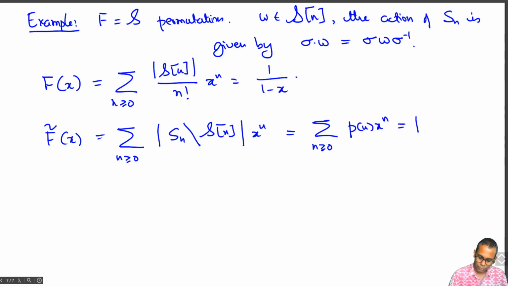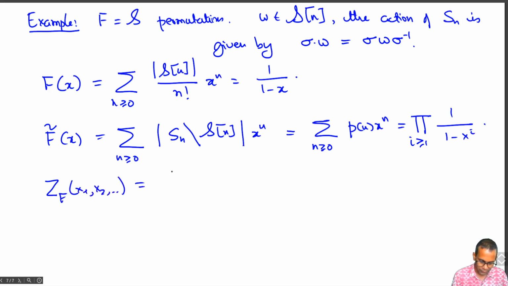And this, by Euler, is the product over i greater than or equal to 1 of 1 over 1 minus x to the power i. And now let's compute Z_F(x1, x2, ...). This is the summation over n greater than or equal to 0 of 1 over n factorial, summation over sigma in Sn.